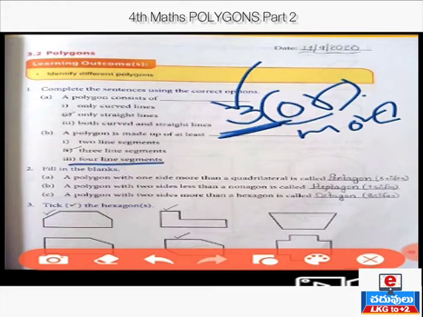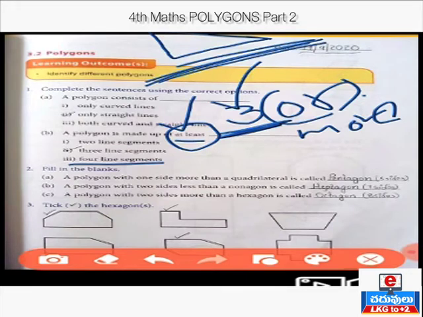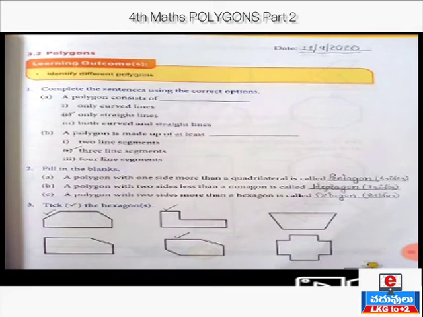Third one is 4, which is also a polygon, but to form a polygon at least means minimum 3. They are asking at least, meaning the required minimum line segments is 3. The second option is correct.